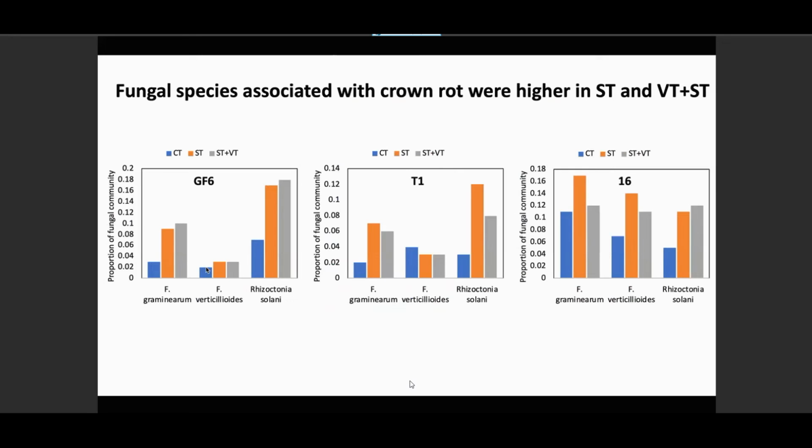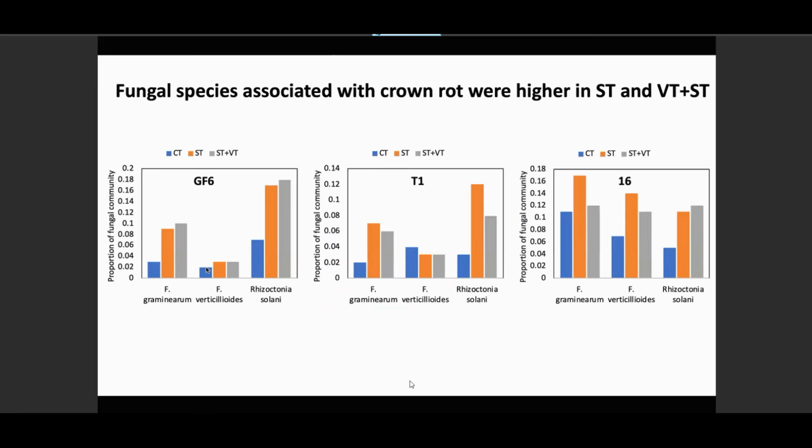We tried to find the relative abundance of these groups in different sites and compare them with the different treatments. We find that the relative abundance of Fusarium graminearum, Fusarium verticillioides, and Rhizoctonia solani, which are associated with crown rot, were higher in the strip till treatment. And this is consistent among all three sites.